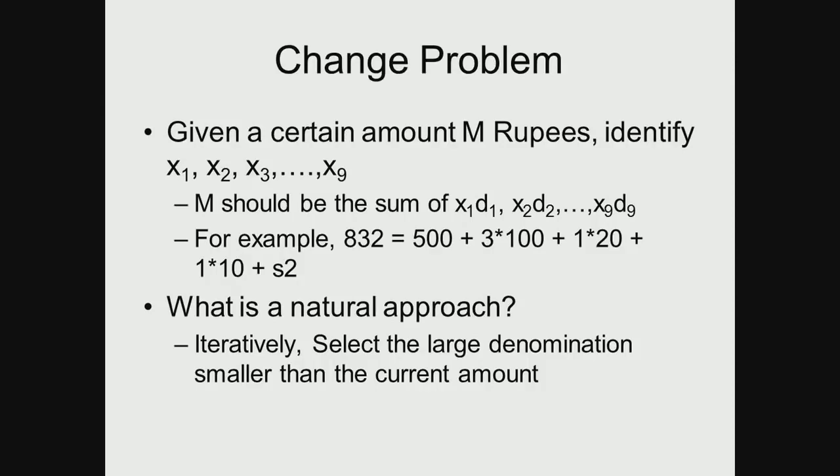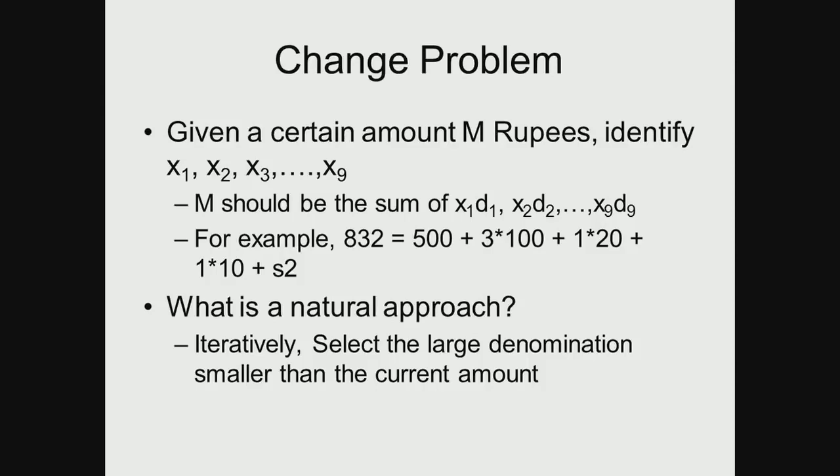The natural approach seems to be that iteratively we select the largest denomination which is available, which is smaller than the current amount. Let us observe this by the example itself. 832 is the current amount, and the largest denomination which is available to us is a 500 rupee note.